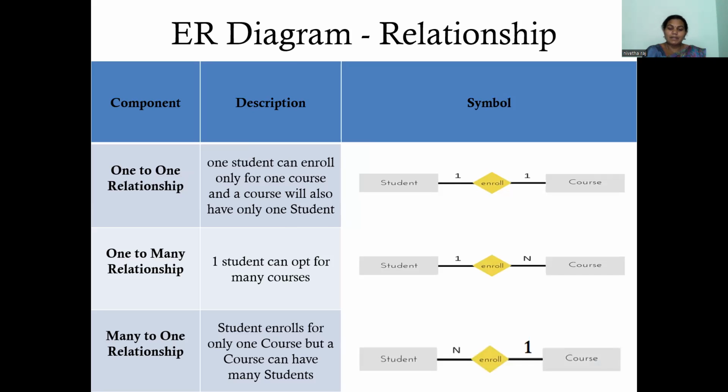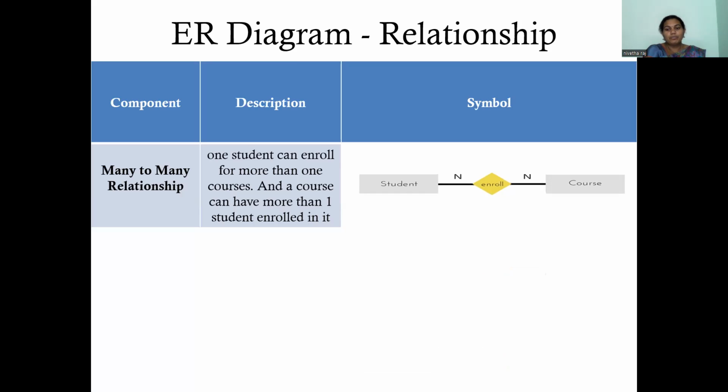Consider this example: many students enrolling in one course. Totally 60 members enrolling in the course of the CSE department, which means the students are multiple. Okay, that means many, and they are choosing the course only in CSE. That CSE is a single course, that entity is single, and the students are multiple, that is a many to one relationship.